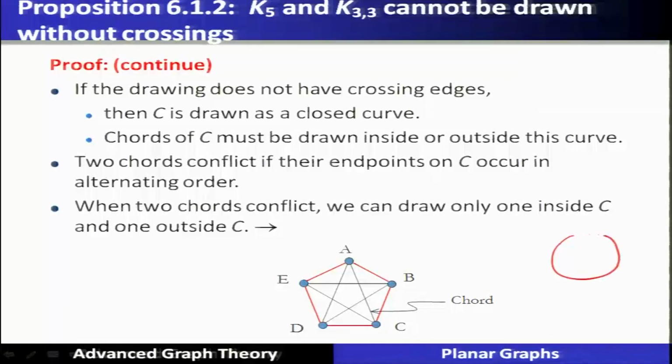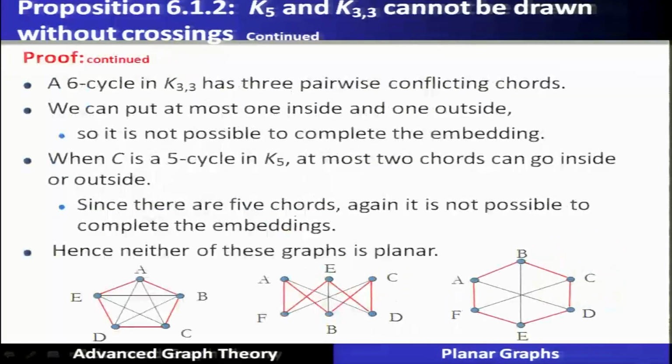What this says is that if there is a cycle and two edges cross, we can redraw one edge, one inside and the other outside, hence this crossing can be removed. If two chords conflict, we can obtain this drawing.